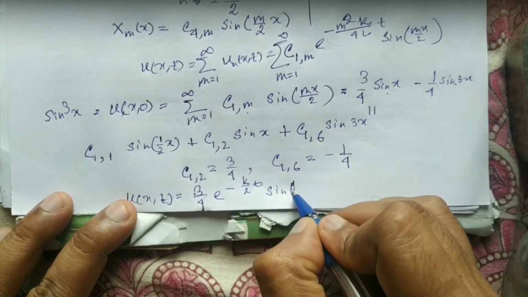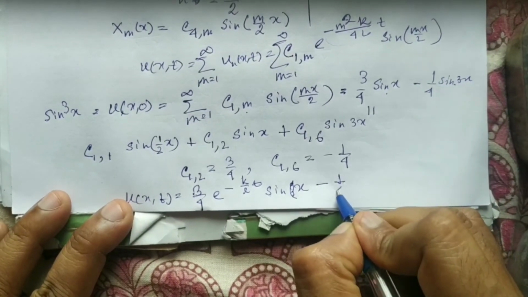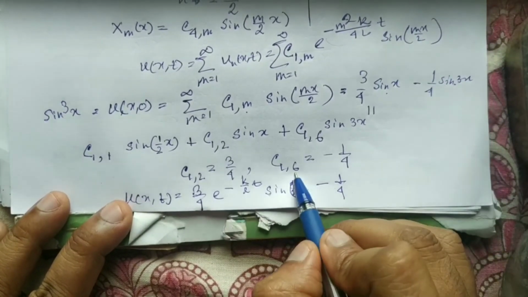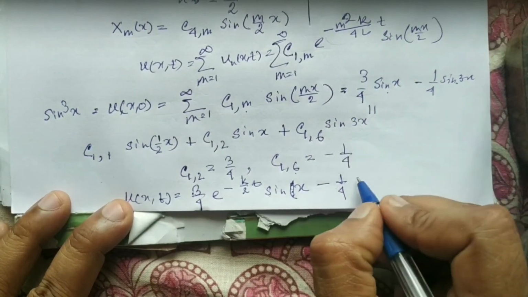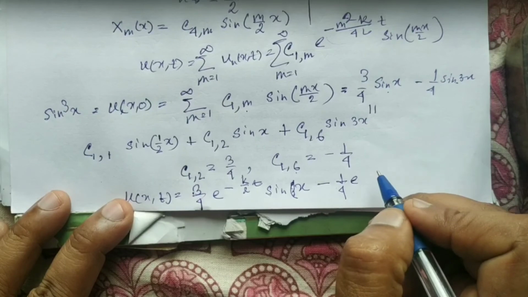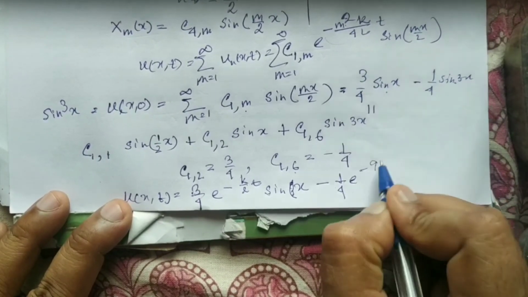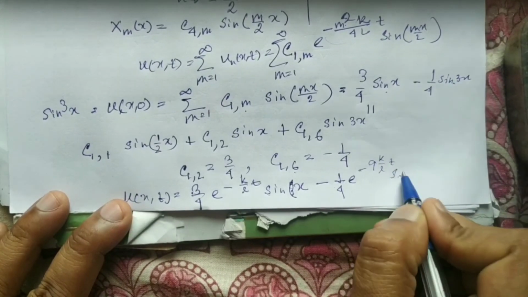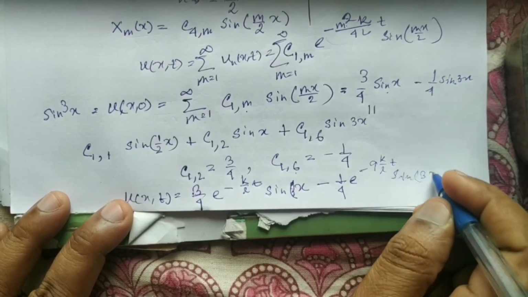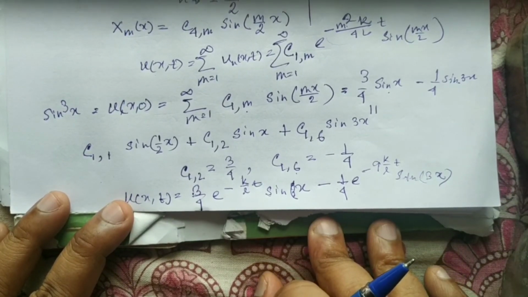So this will be sine x, and then this term, and for that your m is equal to 6. So here this will be e to the power minus 36, so minus 9 k by l t multiplied with sine 3x. This is your solution for this particular problem.